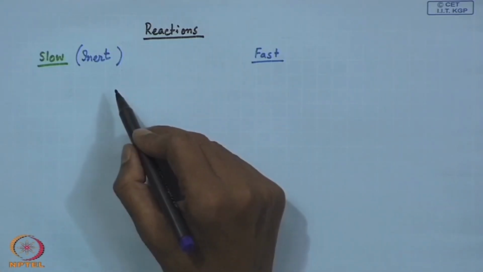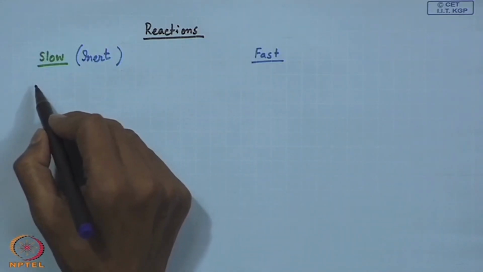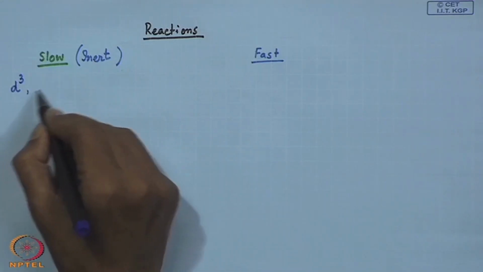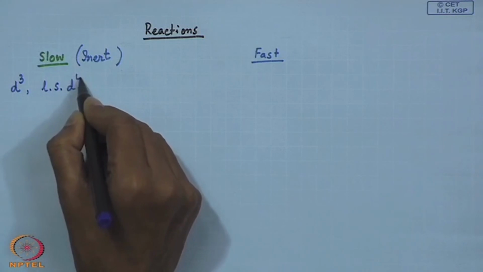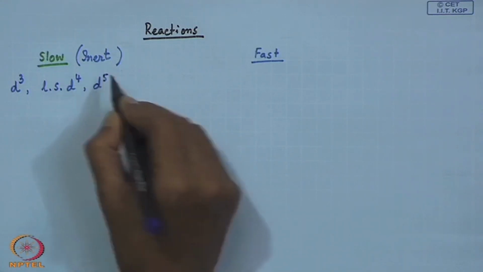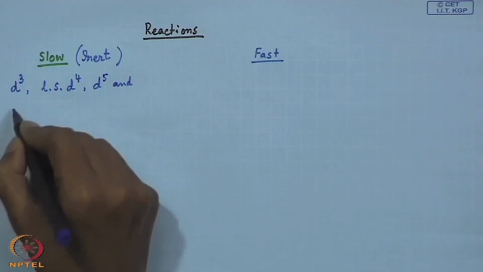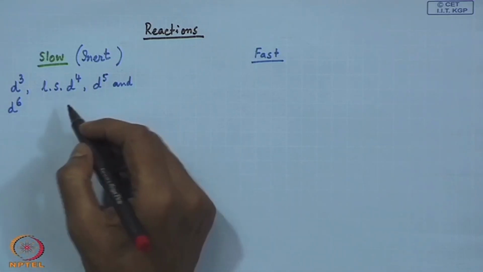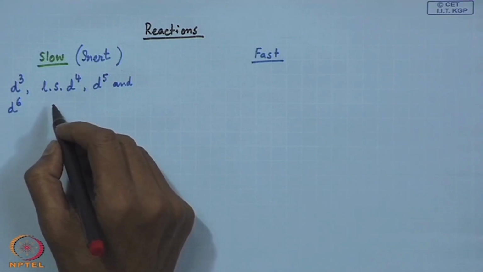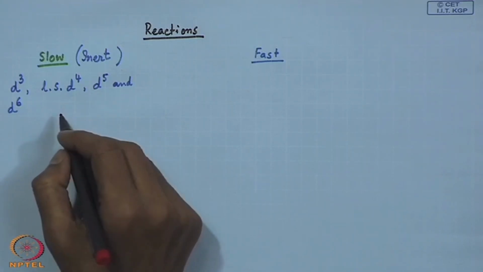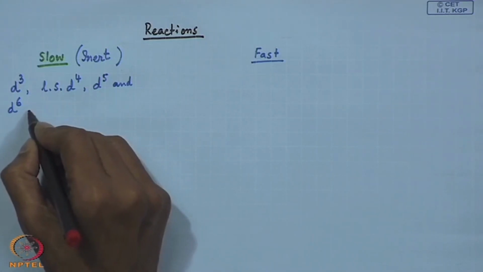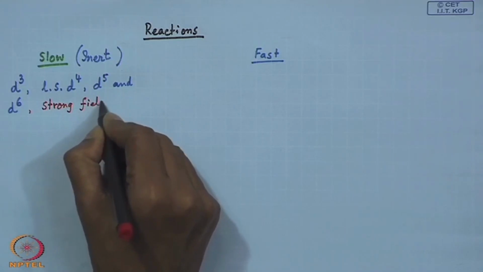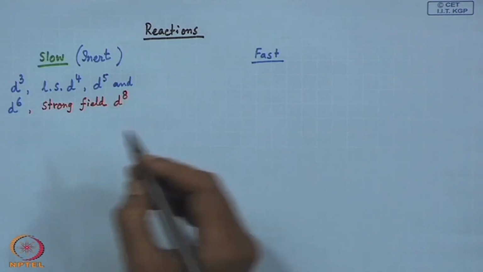They can go for only slow reactions, when these reactions are very slow in nature, and several metal ion configurations such as d3, low spin d4, d5 and d6 will give rise to very slow reactions, and the corresponding compounds we can call inert metal complexes in terms of their ligand substitution reactions, as well as some of them in strong field with d8 electronic configuration.